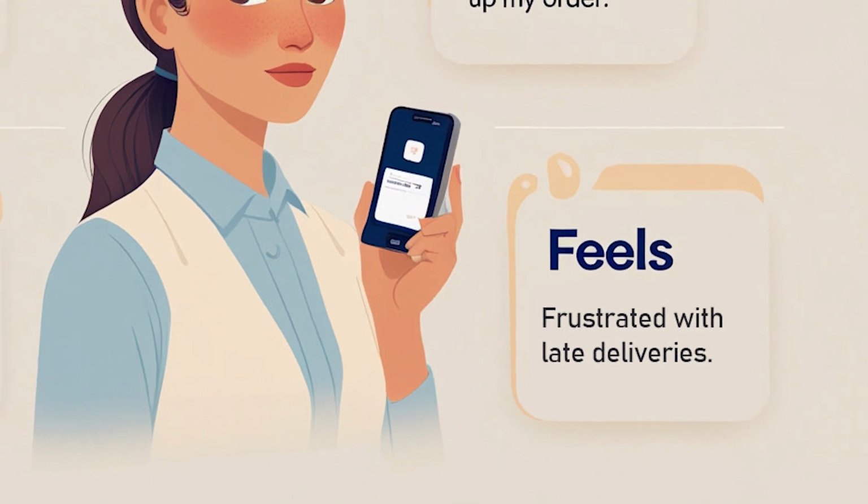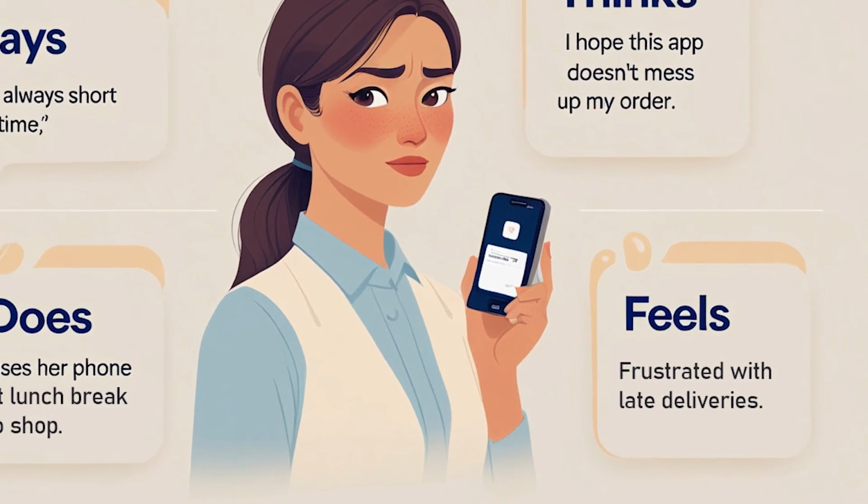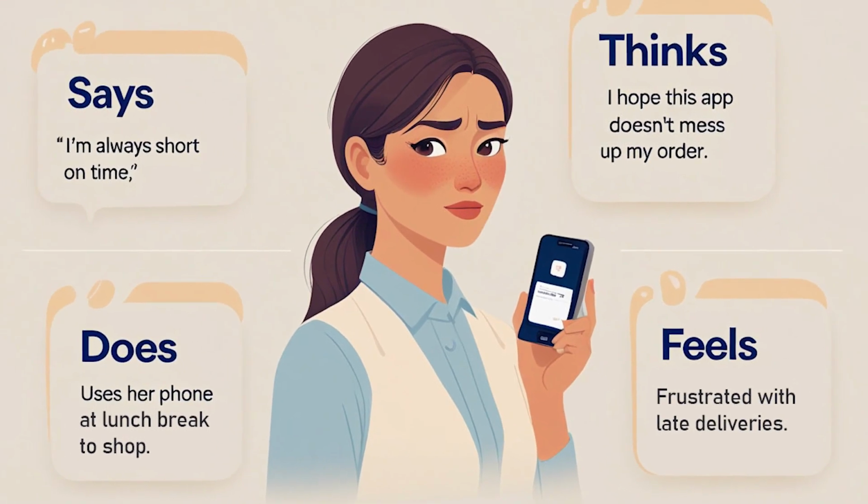By noting all of that, you can see some necessary features. You can see that for this kind of app, it would be a great idea to have a live delivery tracking feature so that it helps to reduce anxiety for this kind of user.